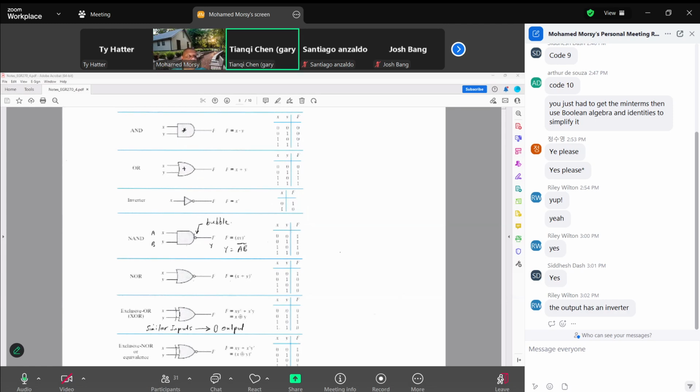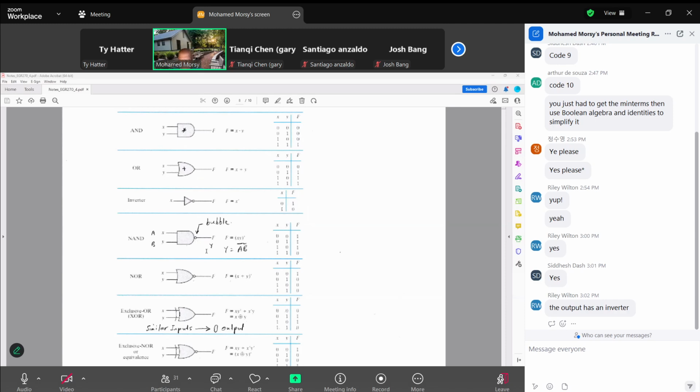Invert bubble. There's a bubble. Is this AND or NAND? Is inverted, there's a NOT gate. As a function, yes, but as a symbol, what is the difference? The bubble. Yeah, you see this bubble, this circle here?